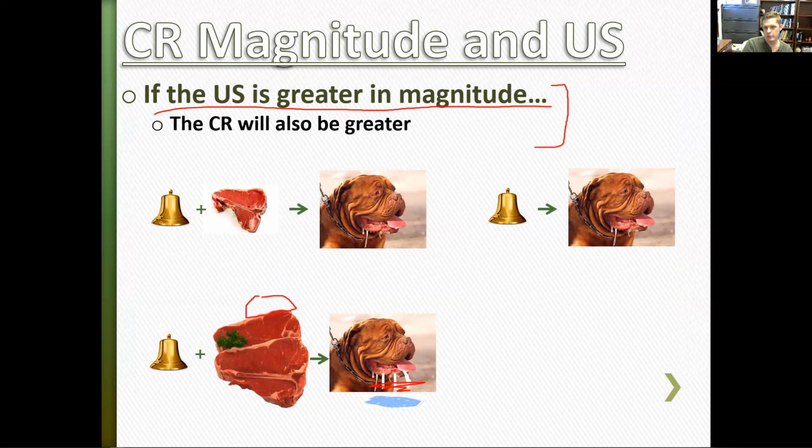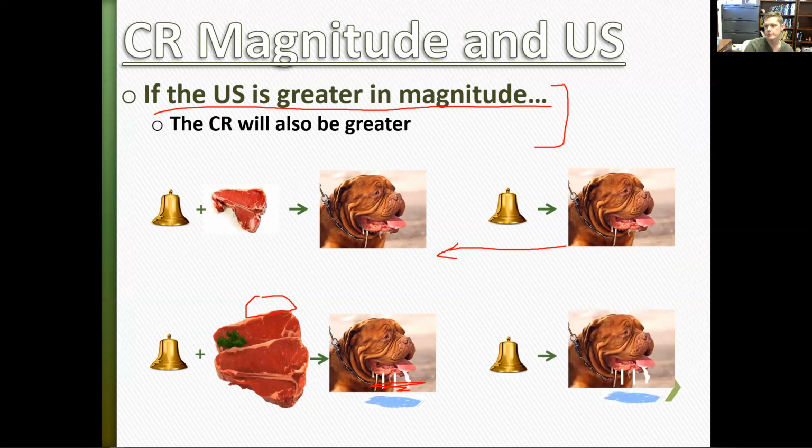So this bell or metronome will produce a similar amount, the asymptotic level of conditioned responding or salivation, here. But here, because our unconditioned stimulus produces a lot more unconditioned response, we would also expect that our bell would pick up this maximum asymptotic level of salivation. So you would get more salivation in the bottom case than you would in the top case.